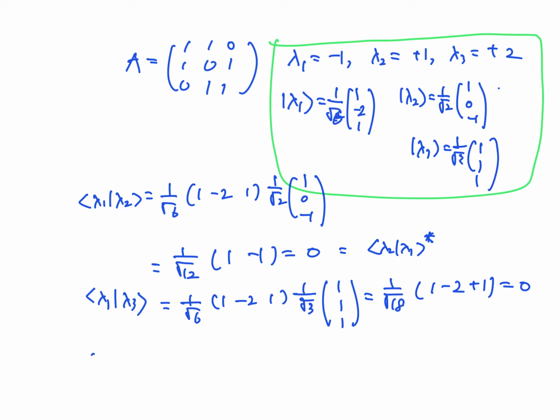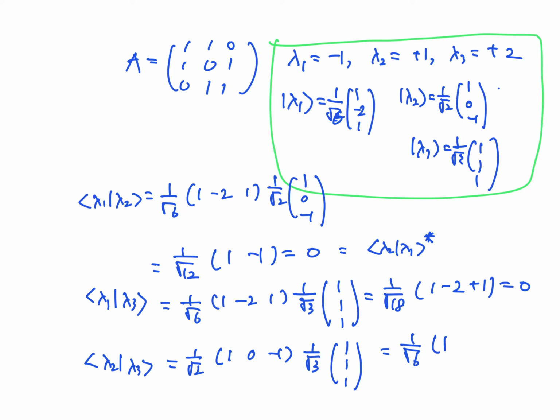How about lambda 2, lambda 3? So that's lambda 2, (1, 0, minus 1). Square root of 3, (1, 1, 1). Square root of 6, 1 minus 1 is equal to 0, right?